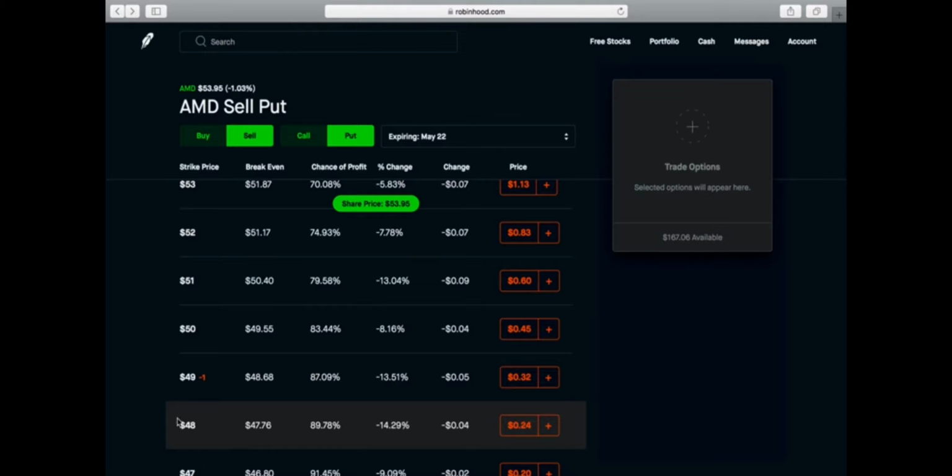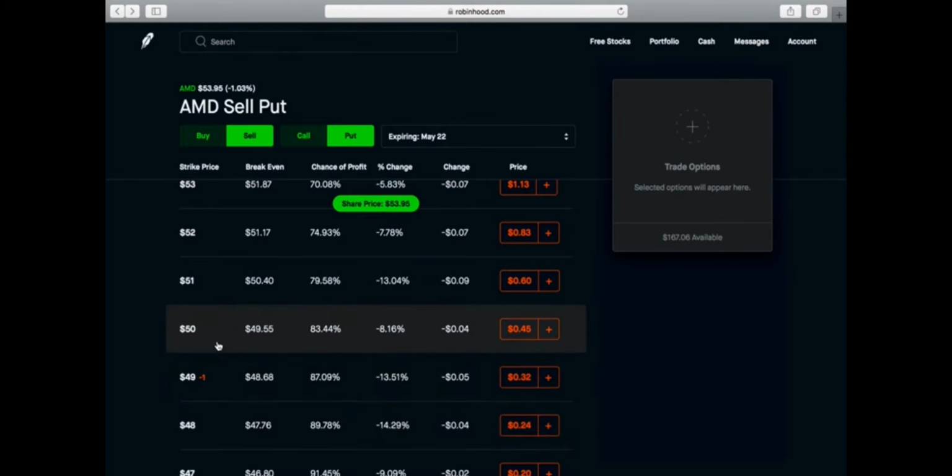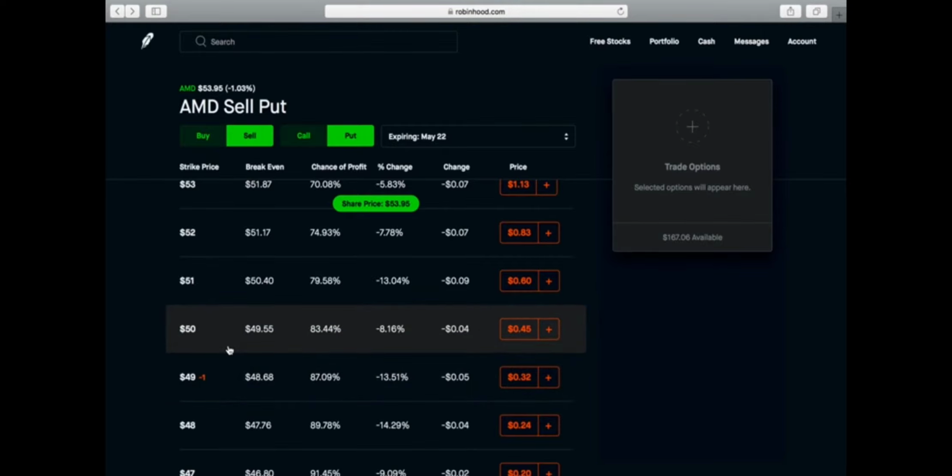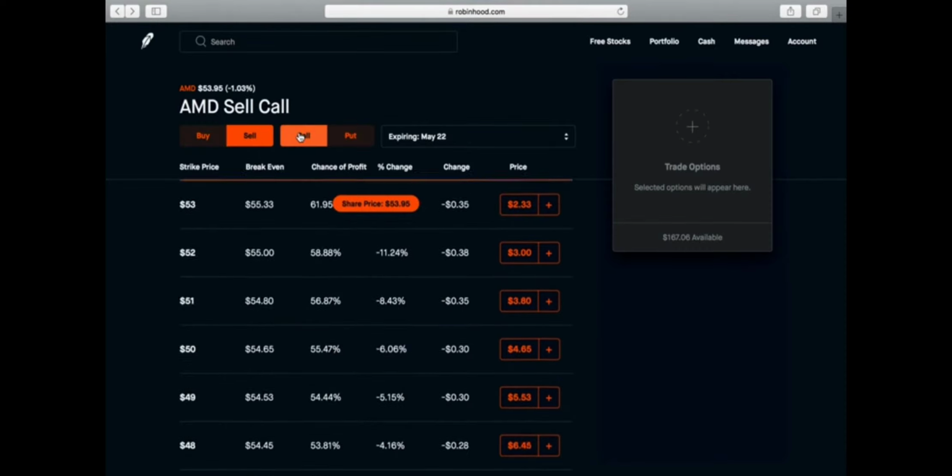Let's say I bought them at 48. In a month, it might jump to 50, and I could sell it and I would still make $1 profit on a share because I bought them at 49. And so I'd still make $100, plus the contract, which was 43. So I'd make $143.